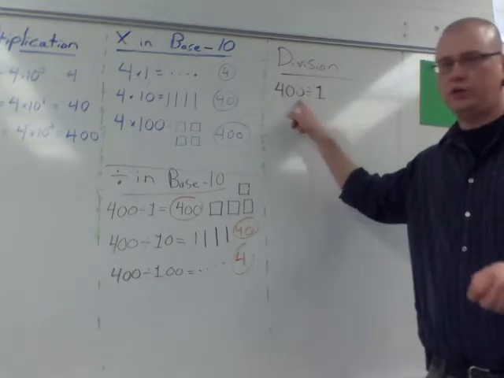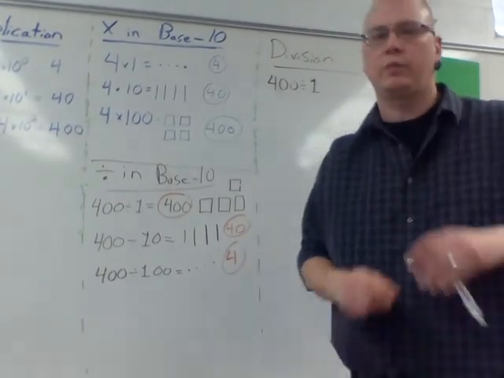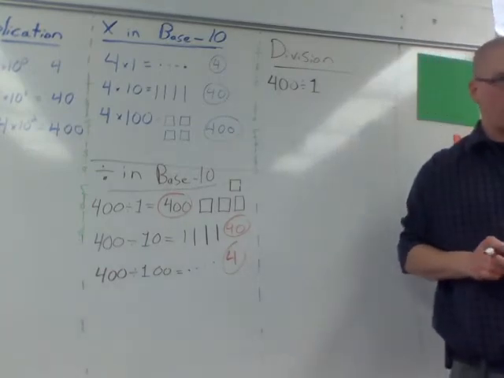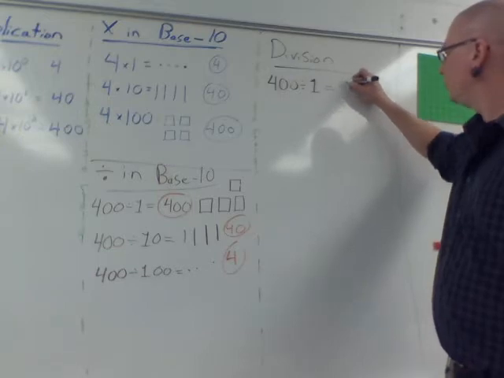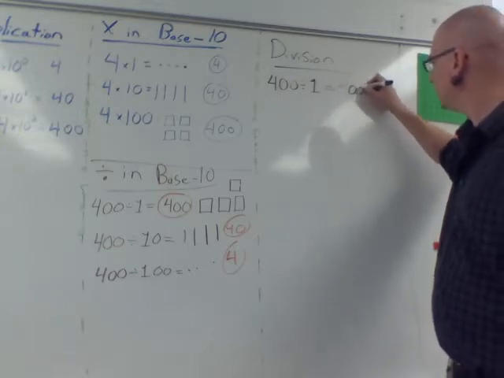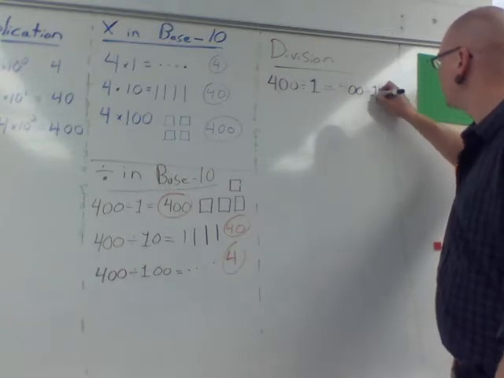This is 400 divided by 1, or 400 divided by 10 to the 0 power.